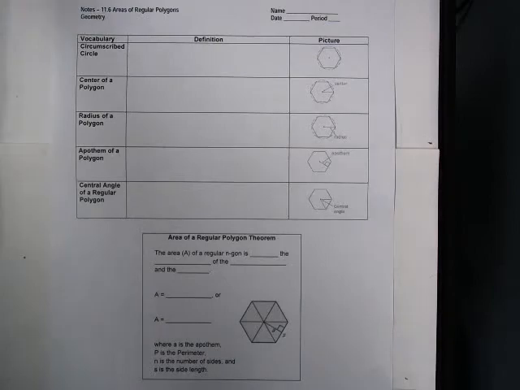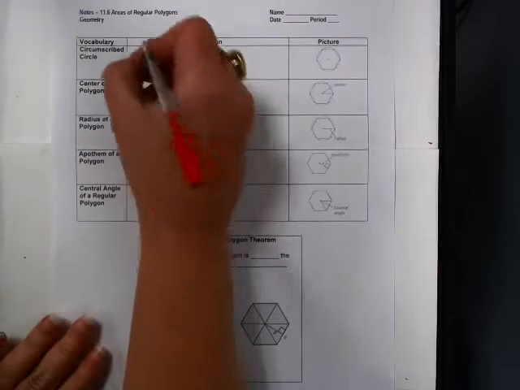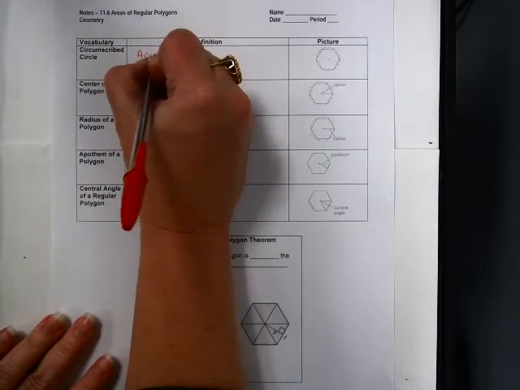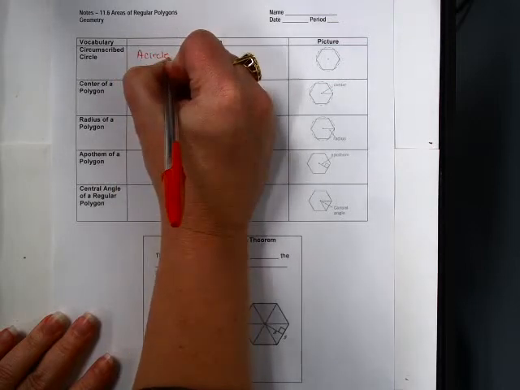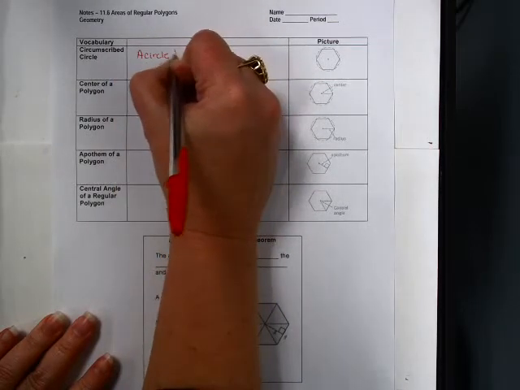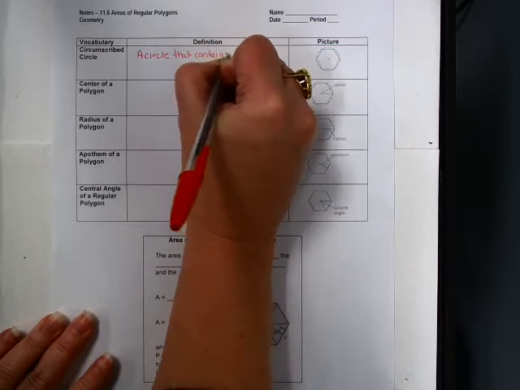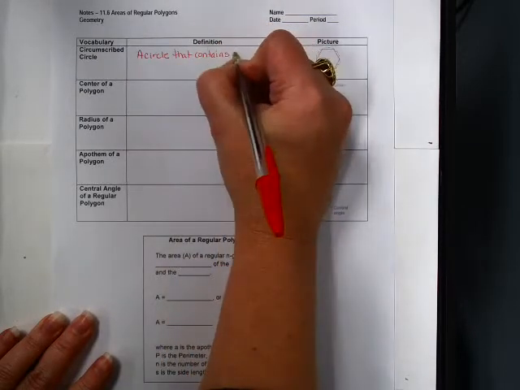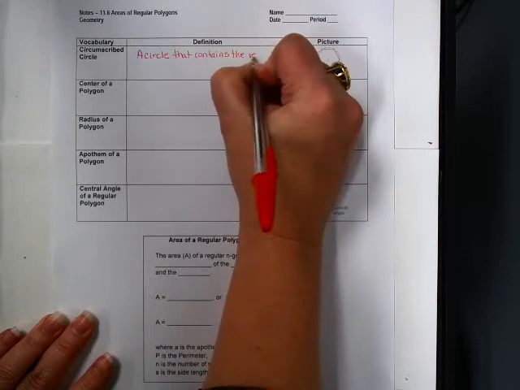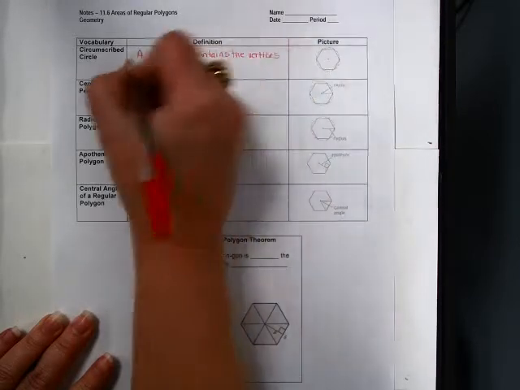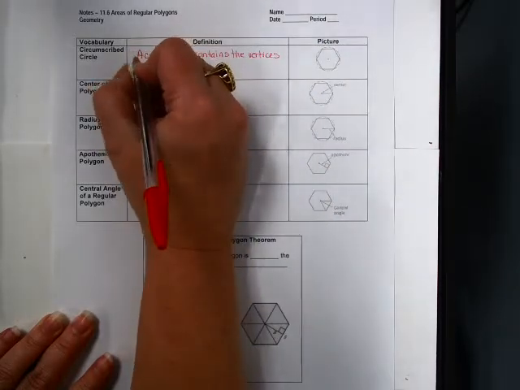circumscribed circle. That is a circle that contains the vertices of an inscribed polygon.